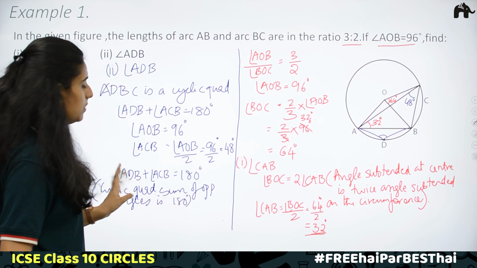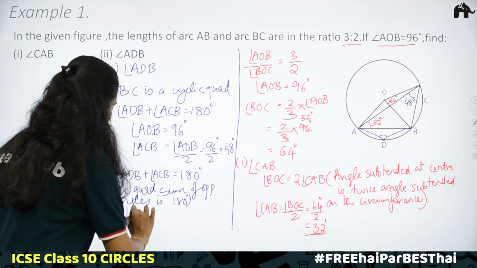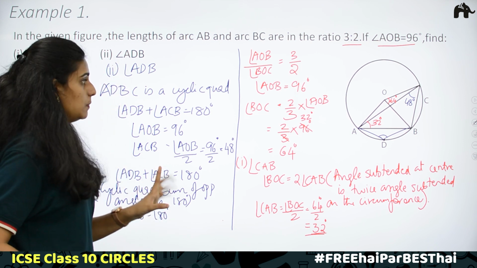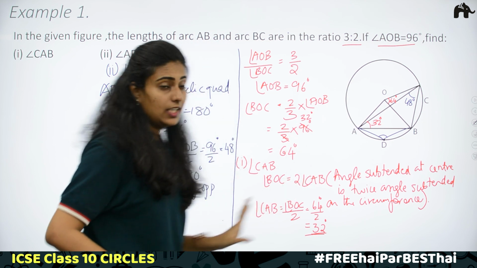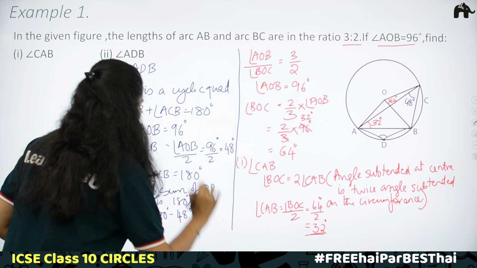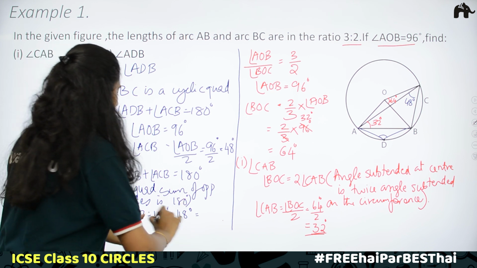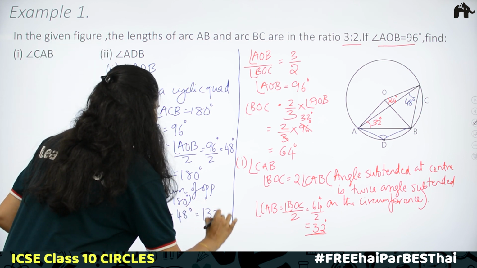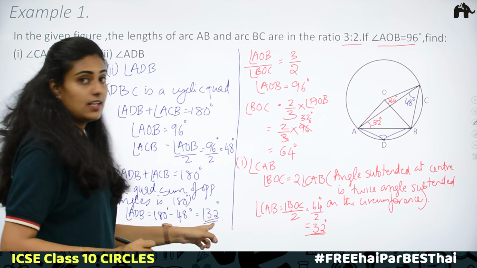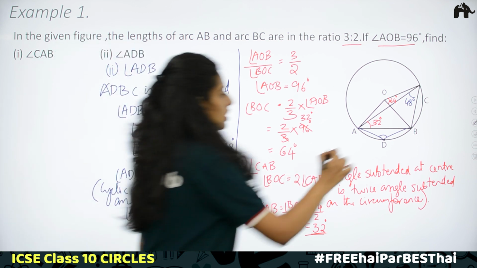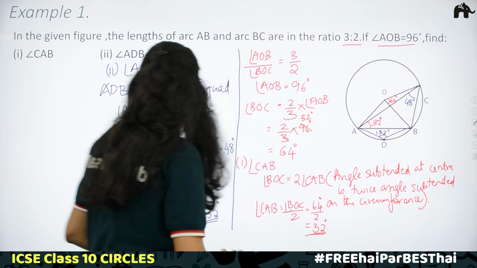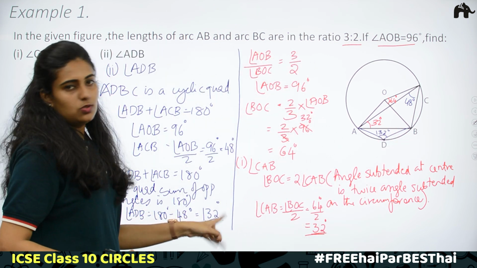Angle ADB is equal to 180 degrees minus angle ACB. ACB we know is 48 degrees. Then what is the measure? We will be getting 132 degrees when we subtract. 180 minus 48 is 132 degrees. Angle ADB is equal to 132 degrees.